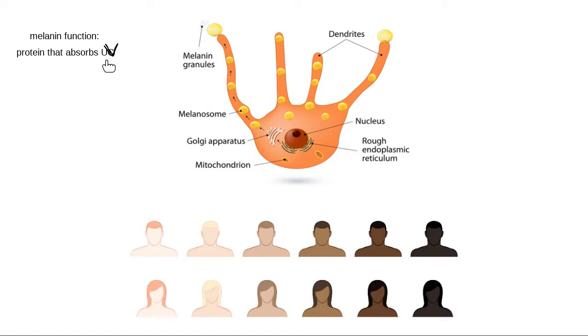UV radiation, as we're going to talk about in a moment, has the ability to mutate your DNA, so to change your DNA. If it does that, you can end up with, like we talked about with sickle cell, where we start to make the wrong protein, or where we make a protein that doesn't work anymore.